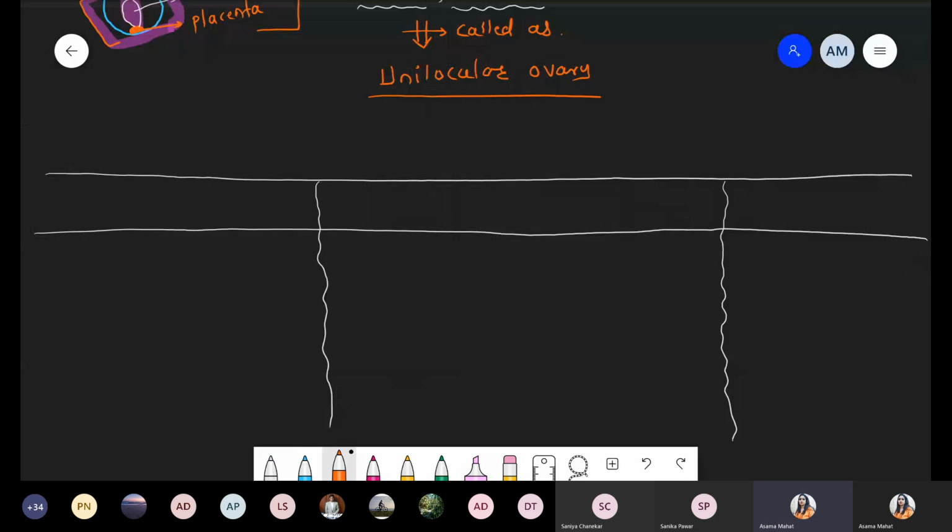So the first column is the type of ovary, the second column is the number of locules or chambers, and the last is examples.